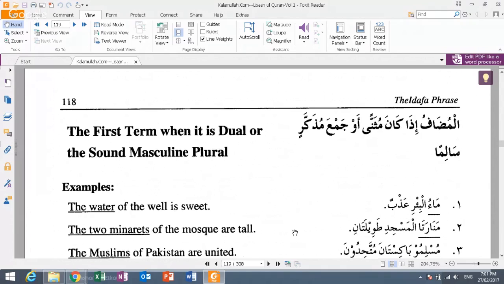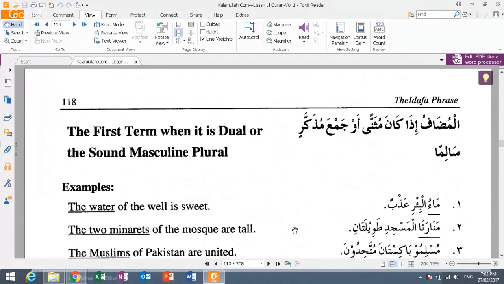Similarly, if it's the jama muzakkar salim, Muslimuna, Mu'minuna, Hamiduna, whatever, in rafi' case with the waw and noon, you are ascribing Muslimuna to al-Masjidi.